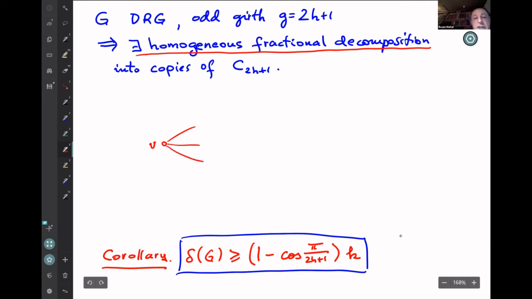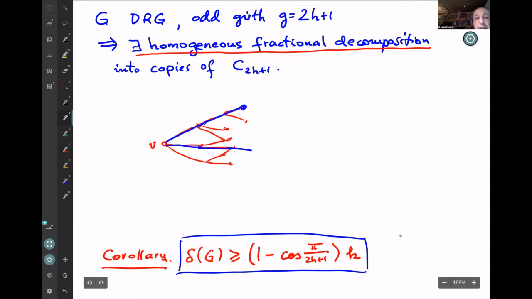Distance regular graphs may have lots of short cycles. So there could be short cycles of length 4 and so on. Okay, my picture won't be nice, but if I look at cycles of length 2h plus 1, they will look like the following.